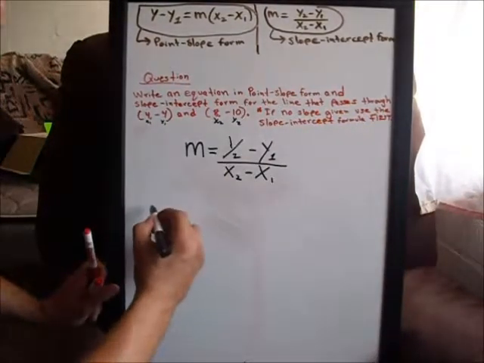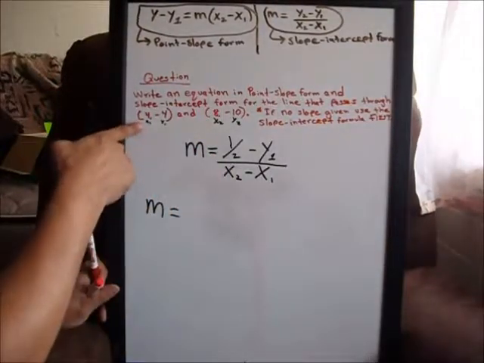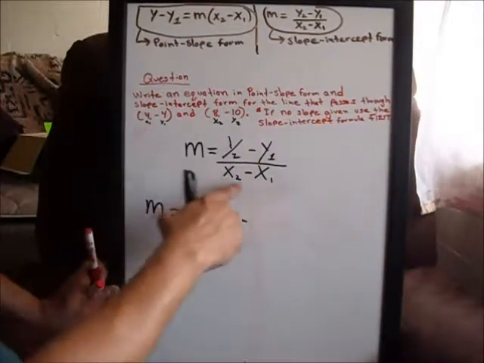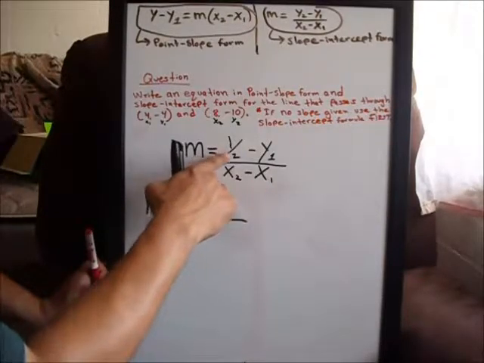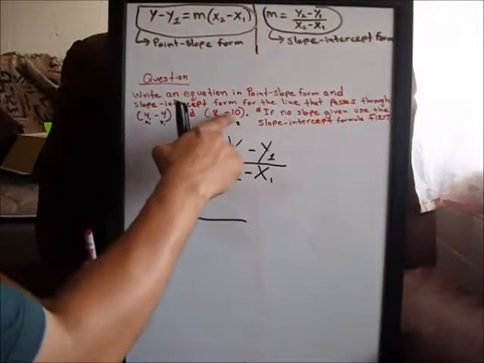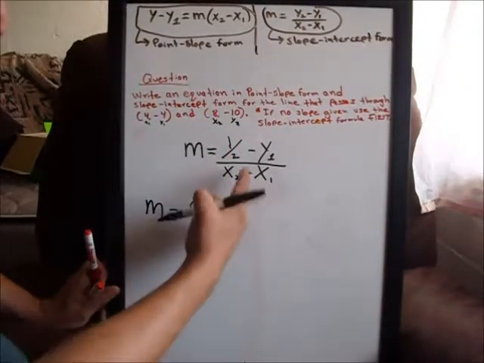All right, now let's plug in the numbers we have here. Let's find y2. Where's y2? Right here. -10. We can put it inside the parentheses.